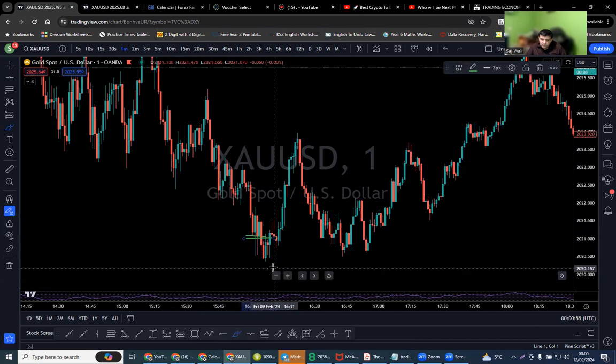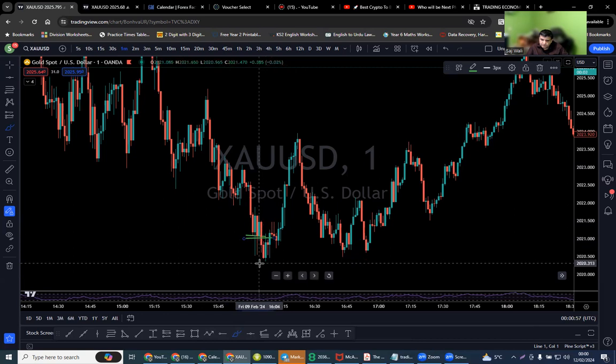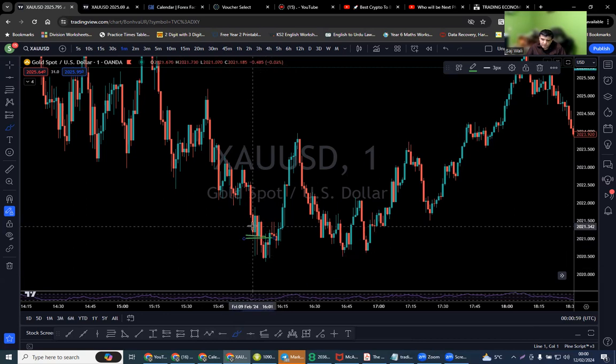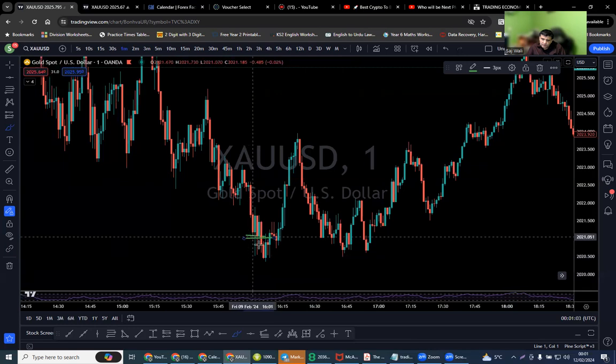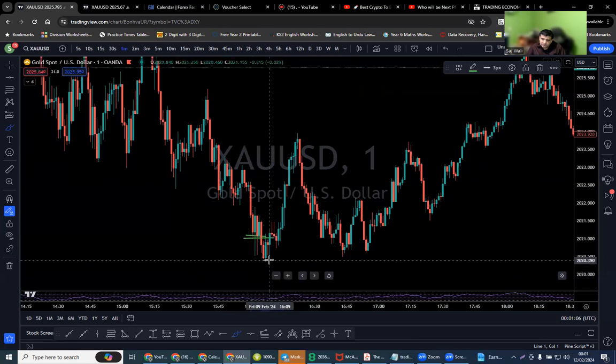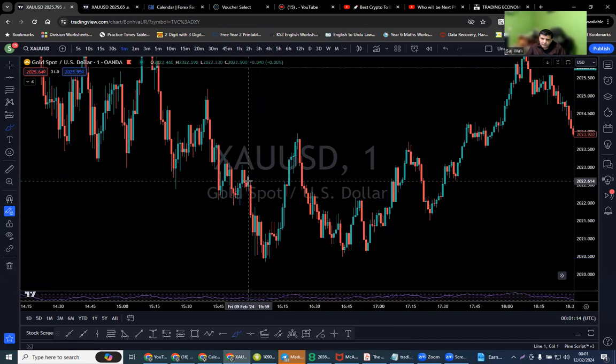The market took the liquidity. Some people thought it's a buy from here. So they took liquidity, took all the stop losses from here and then from here. And it went to the upside. And look what kind of pattern this is.